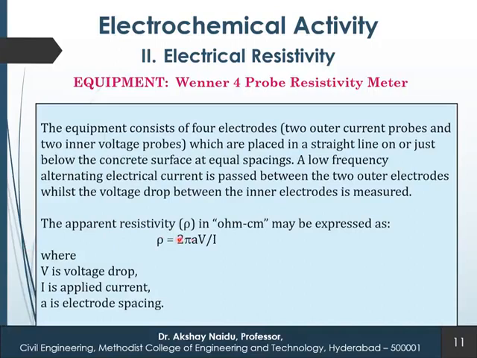The apparent resistivity in ohm centimeter may be expressed as V by I gives R ohm, and 2 pi A. A is the distance between the electrodes, or the spacing between the electrodes. So this formula rho is equal to 2 pi A into V by I is called the apparent resistivity. It is measured in ohm centimeter.